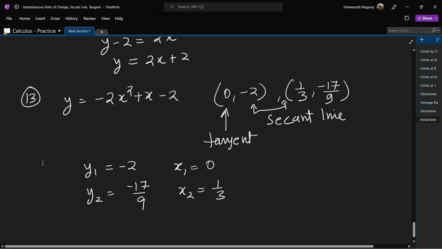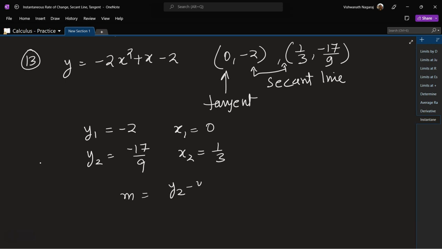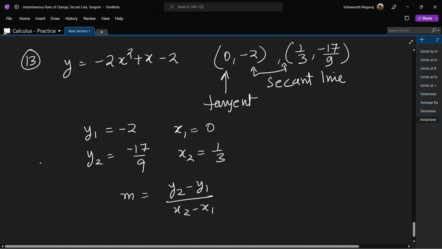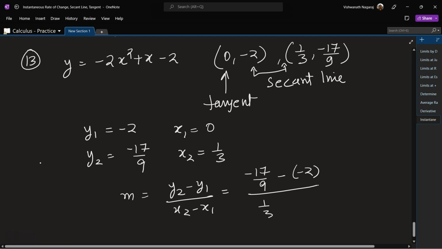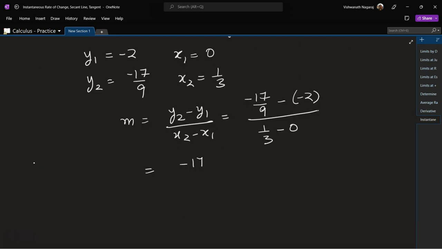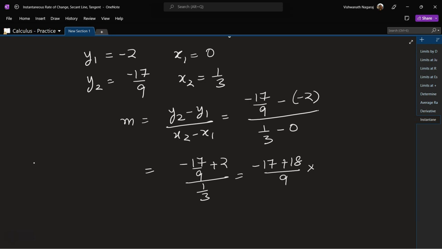Okay, now the slope between these 2 points, let's say m, would be y2 minus y1 by x2 minus x1, which is equal to minus 17 by 9 minus minus 2 by 1 by 3 minus 0, which is equal to minus 17 by 9 plus 2 by 1 by 3, which is equal to minus 17 plus 18 by 9 times 3.